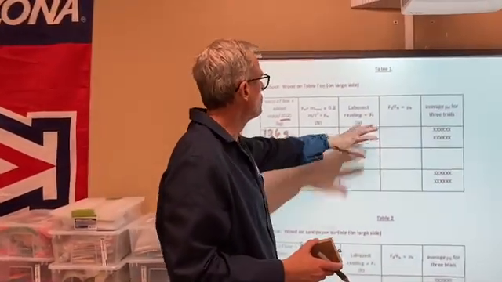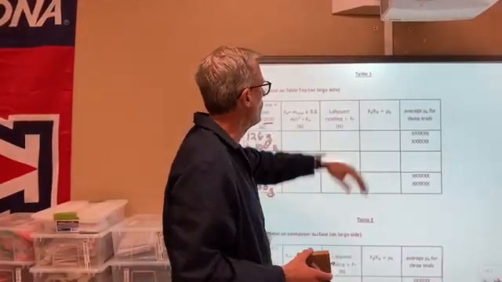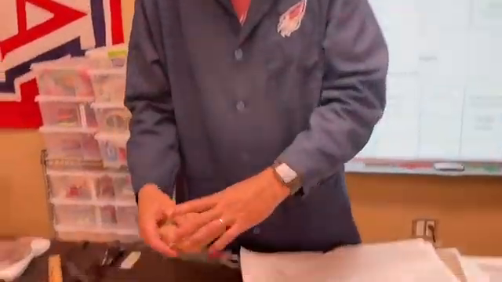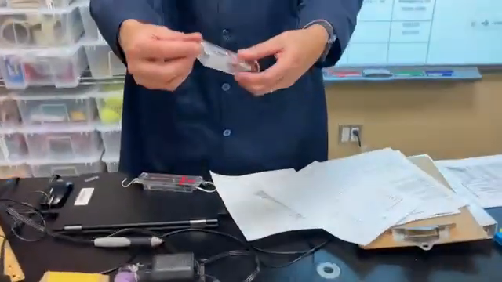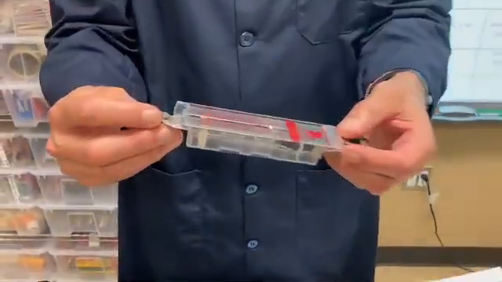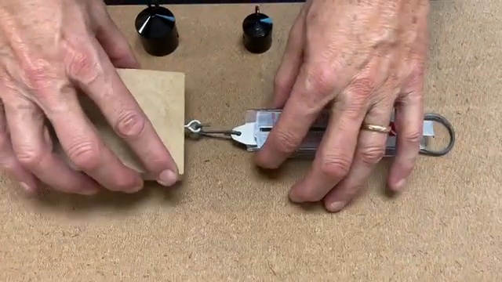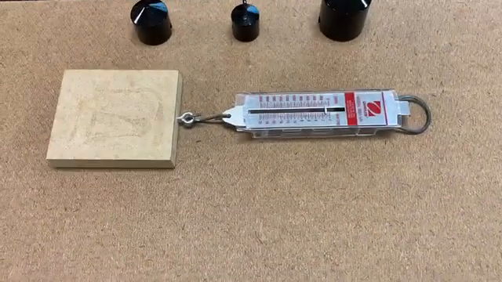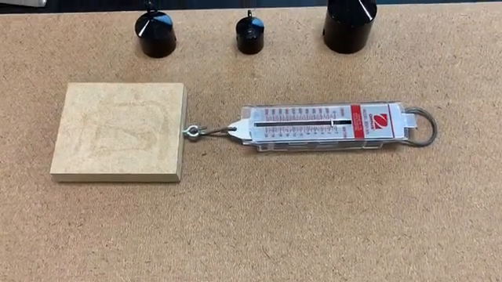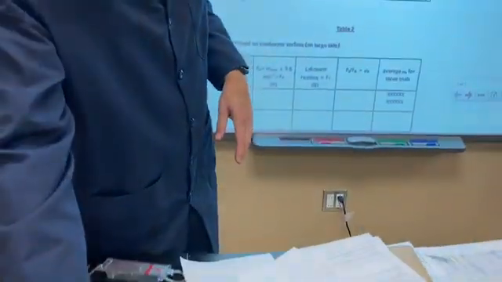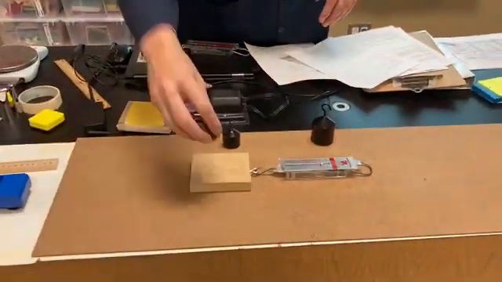Okay, the next thing we're going to gather is the LabQuest data. That data is how much force I have to apply. It's an applied force that I have to apply to move the wooden box. So I'm going to start with table 1, and first off, I'm going to start with the wooden box with the 100 gram weight.